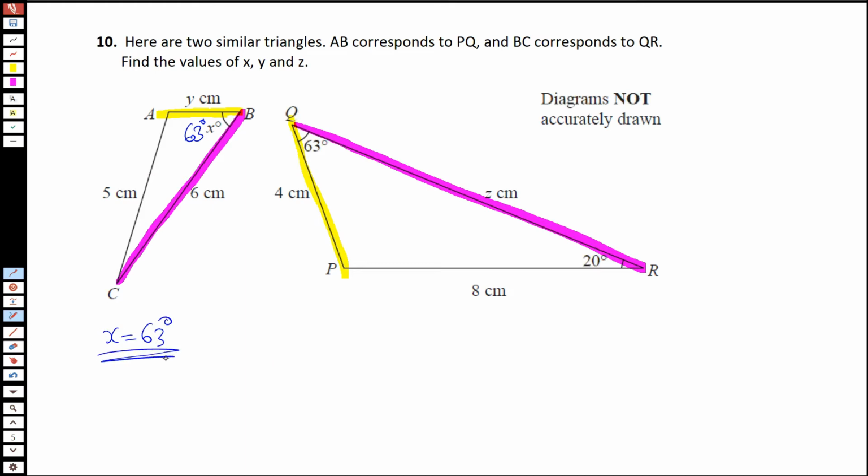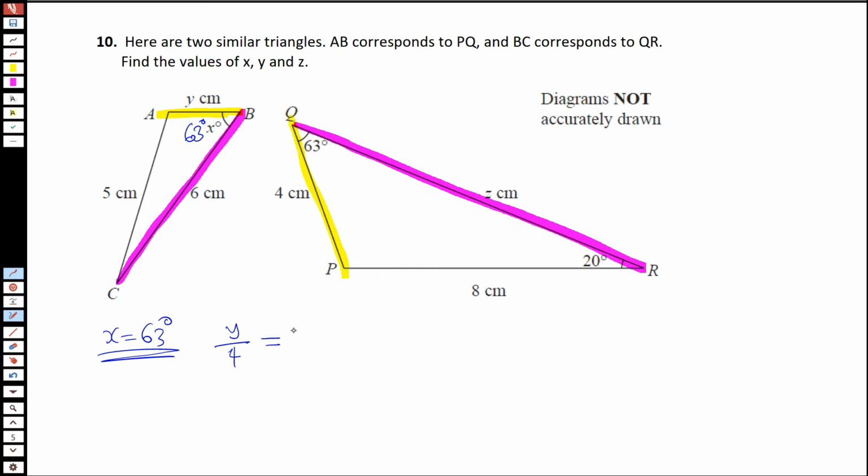And then moving on, to find Y, which is basically that side, we can take the ratios of those corresponding sides. So basically y over 4, look at the yellow guys, should be equal to the ratio of the other sides that are unmarked, because these two correspond.